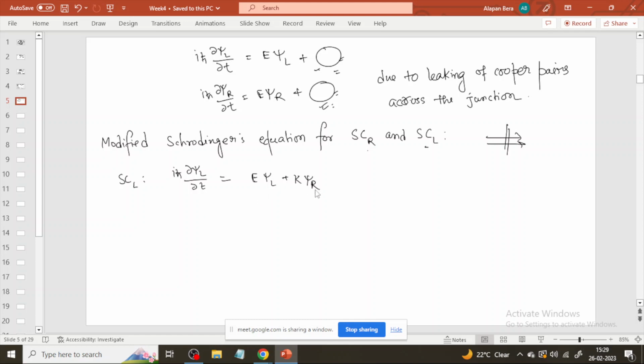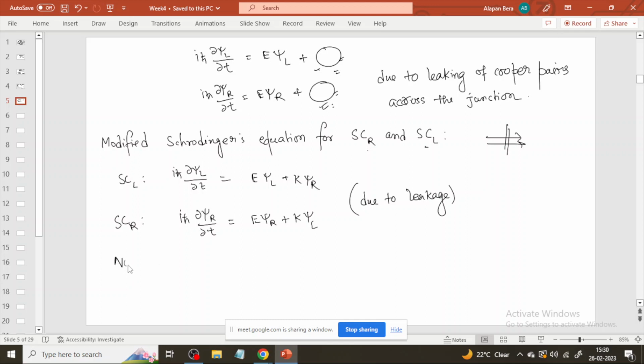Now the equation then gets modified like this. Similarly, this is our modified Schrodinger's equation.